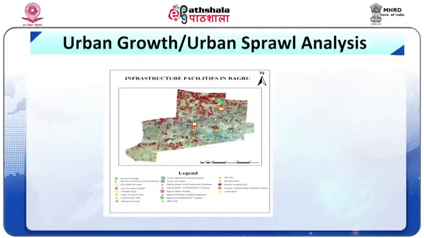Urban infrastructure facilities can be mapped easily as seen in figure 6, where these facilities are mapped for a satellite town of Bagru near Jaipur.